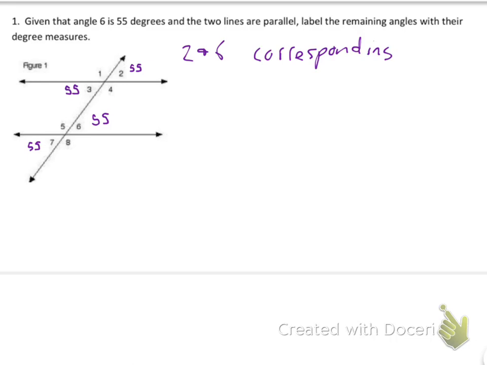How do we know that one? 180 minus 55, because they all form straight lines or straight angles with a 55. So, what is 180 minus 55? 125. 125 and 125. Notice the zigzag pattern.